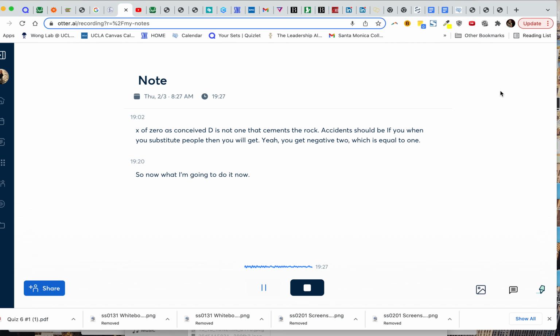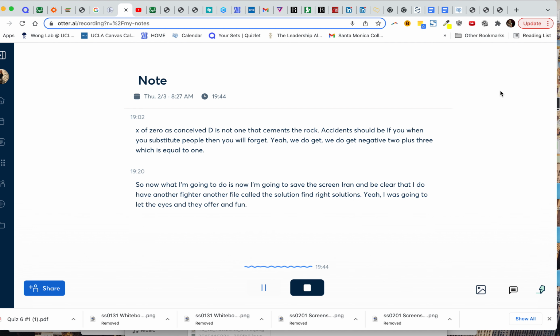Now I'm going to save the screen here. Let me clear this. I almost forgot, I do have another file here, called the solution file, with solutions. Lately I've been trying to write all the solutions on my notes to save time. So this is now the section 4.A solution.